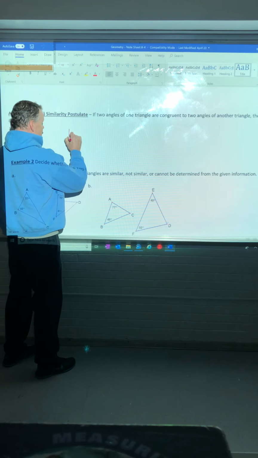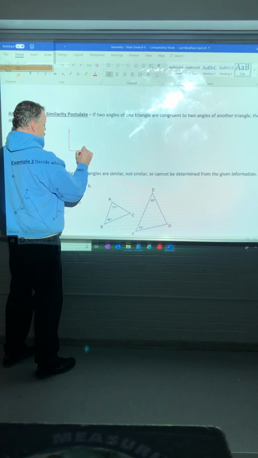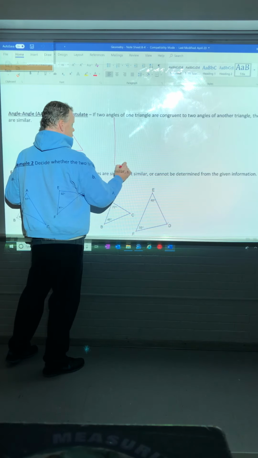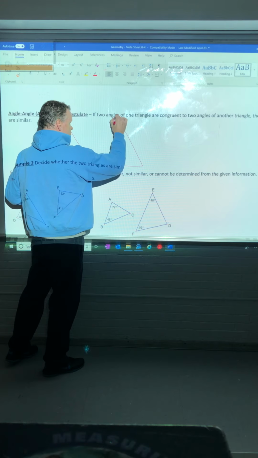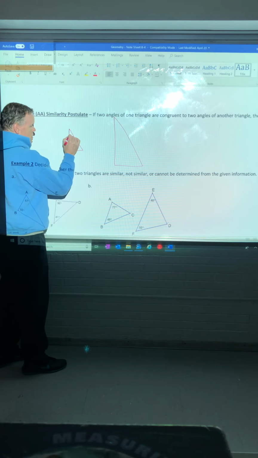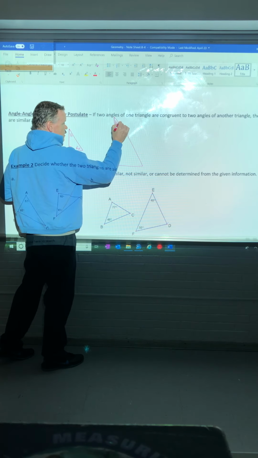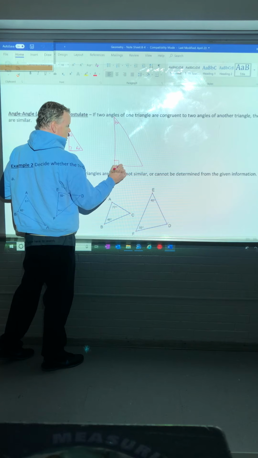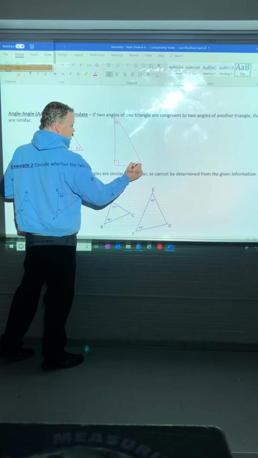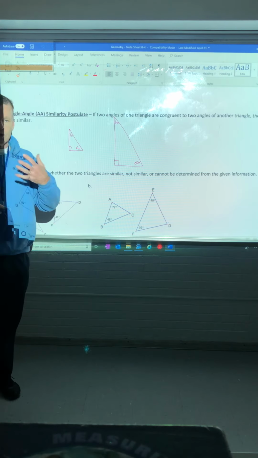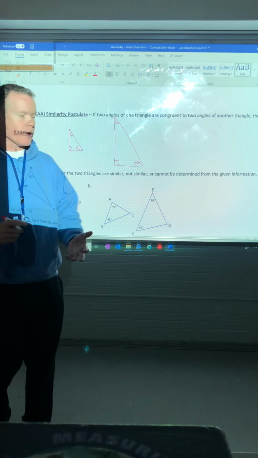If you have something like this, and if this is 30, 60, 90, this also is 30, 60, 90, okay? These two triangles are in proportion, or they're similar.